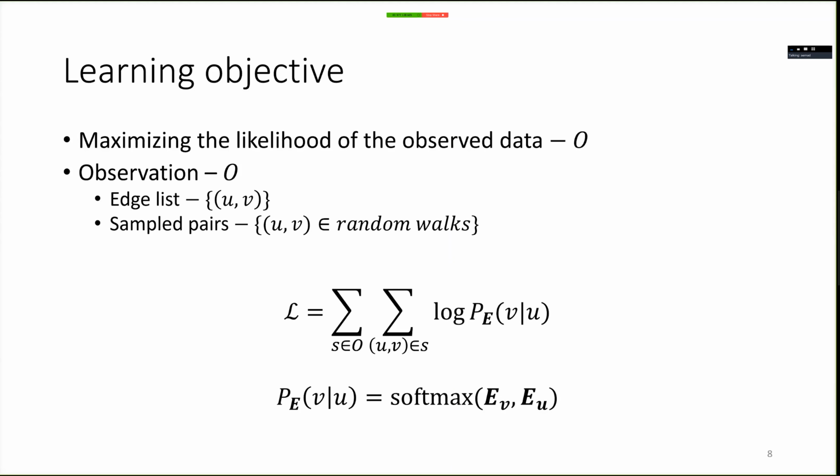So you try to minimize the distance between the probability of your prediction of node V and 1.